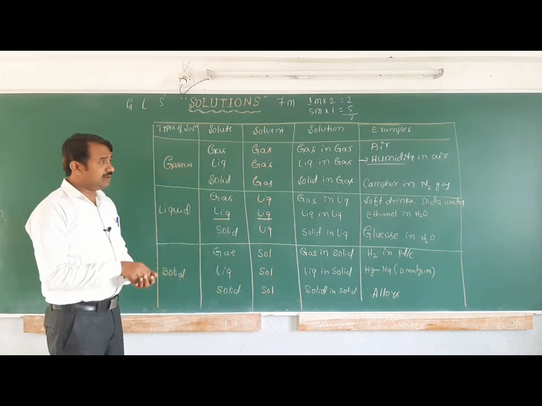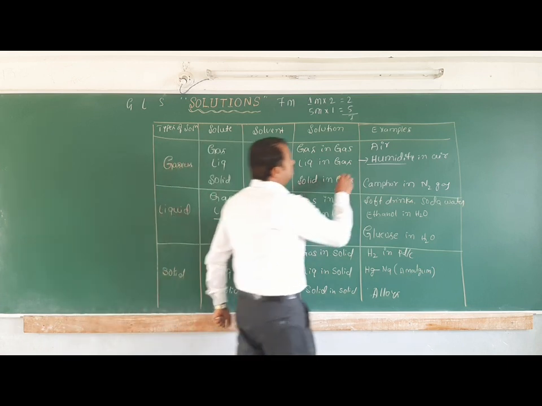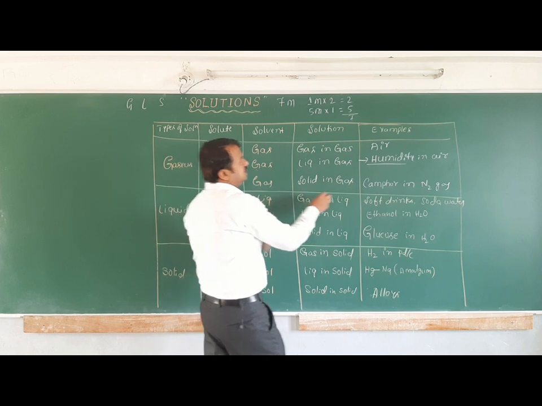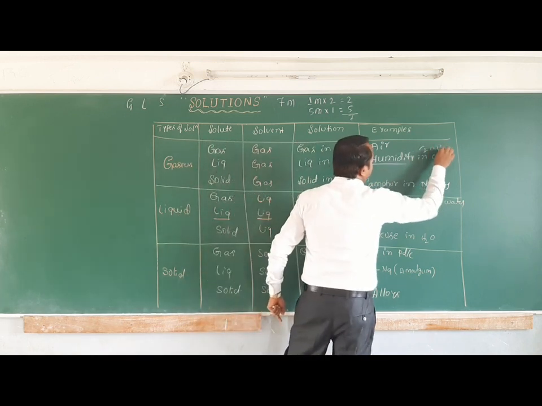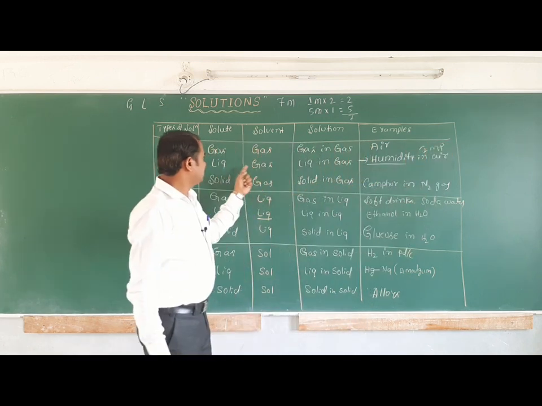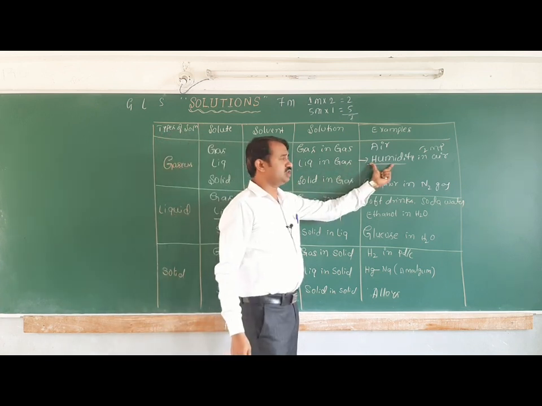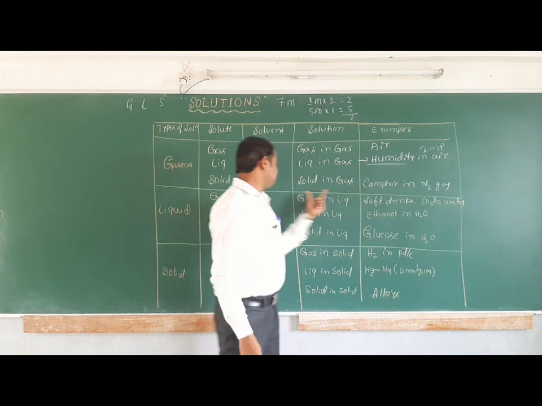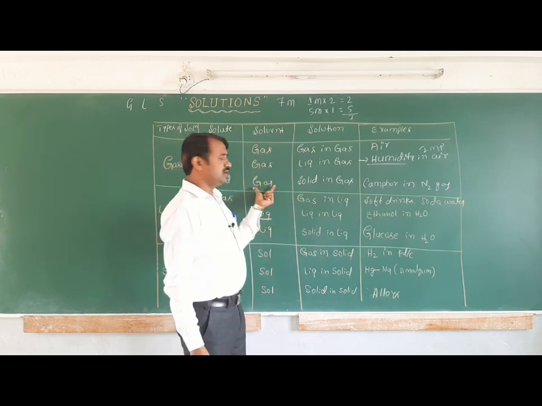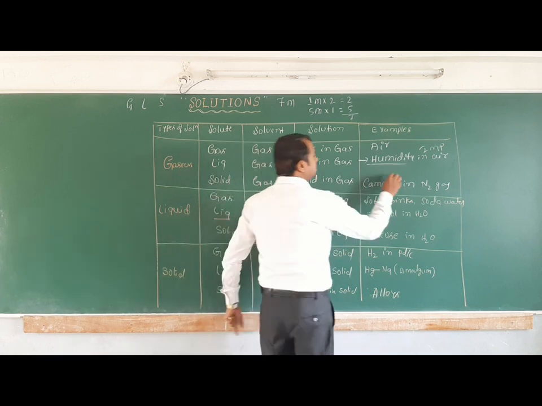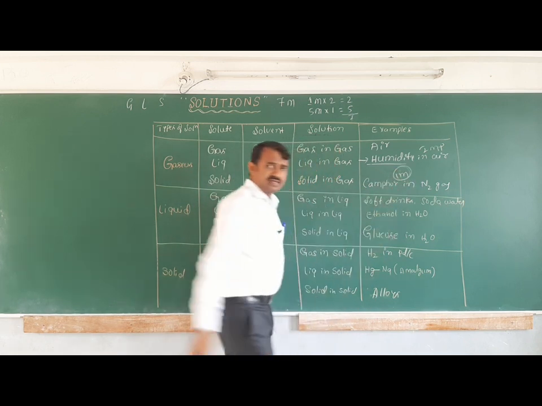In the examination, very important, they will ask you to give examples of gas in liquid, and they will ask one more question: the solute is a liquid and the solvent is gas. You have to write the example, humidity in air. Sometimes the solute is solid and the solvent is gas, for example camphor in nitrogen gas.